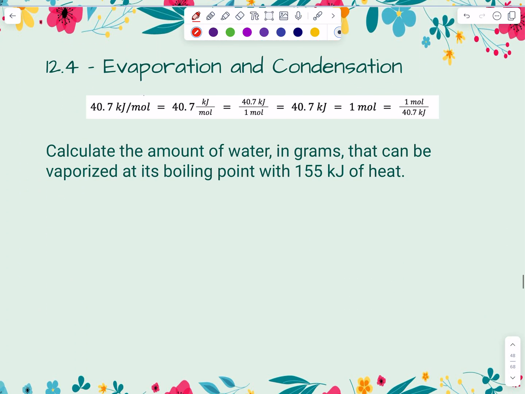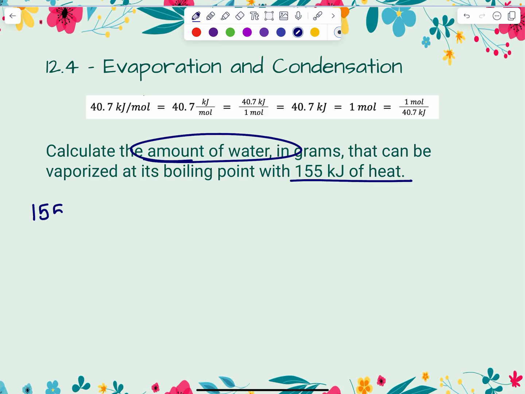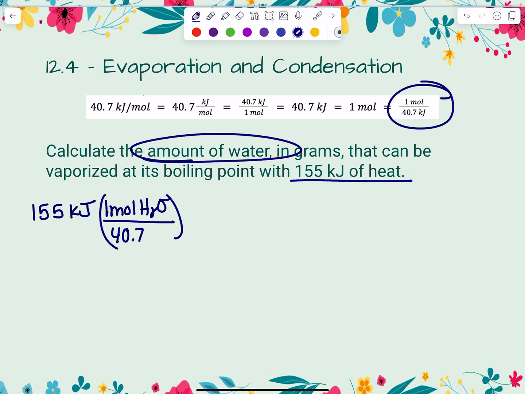So the next question is just basically going to go the other way. Calculate the amount of water in grams that can be vaporized at its boiling point with 155 kilojoules of heat. So circle the do, underline the clue. 155 kilojoules of energy goes out front. This time I'm going to use the conversion factor that says 1 mole of water will require 40.7 kilojoules of energy.